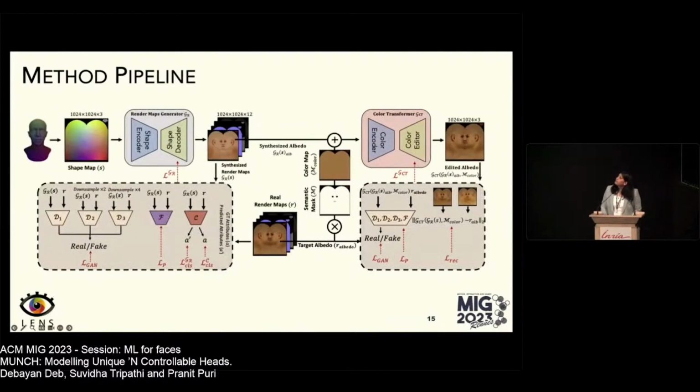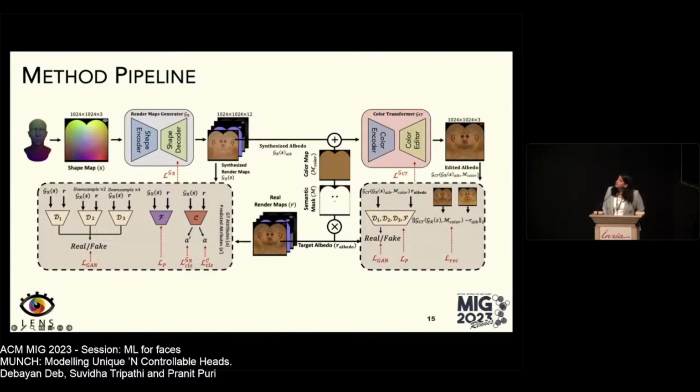So this was the whole method pipeline. In that, you can see we input the 3D head and generated the shape map out of it. The shape map is just a 3D to 2D mapping, where 3D vertices were interpolated as RGB values in the 2D space, and each of these RGB values were plotted at the vertex locations described through the UV map.